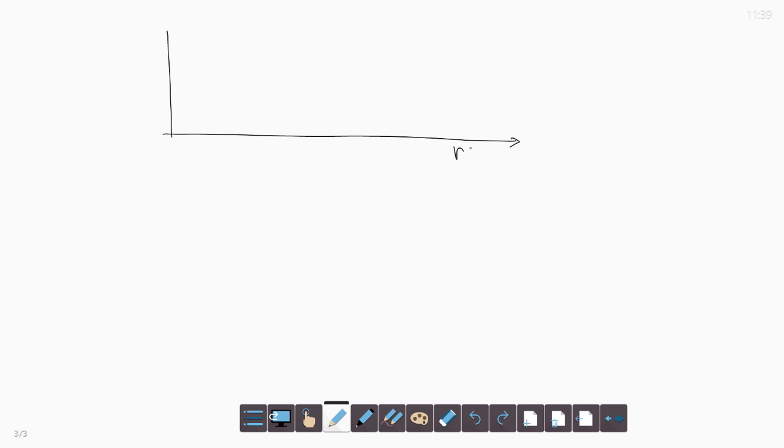This is gamma, that is the rotor angle, versus L, that is the inductance. So, let us start from here.